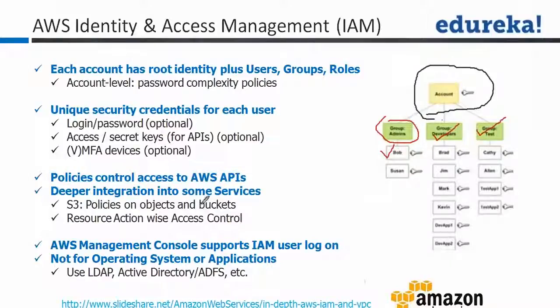I'll come to that in a while. When we talk about the users, he can get the login password, the access key and secret access key, the X509 certificates, and the 4th option, which is multi-factor authentication, which I will come to in a while. It supports all 4 options. Also, you can define the policies, and we'll see about the policies in detail in a while.